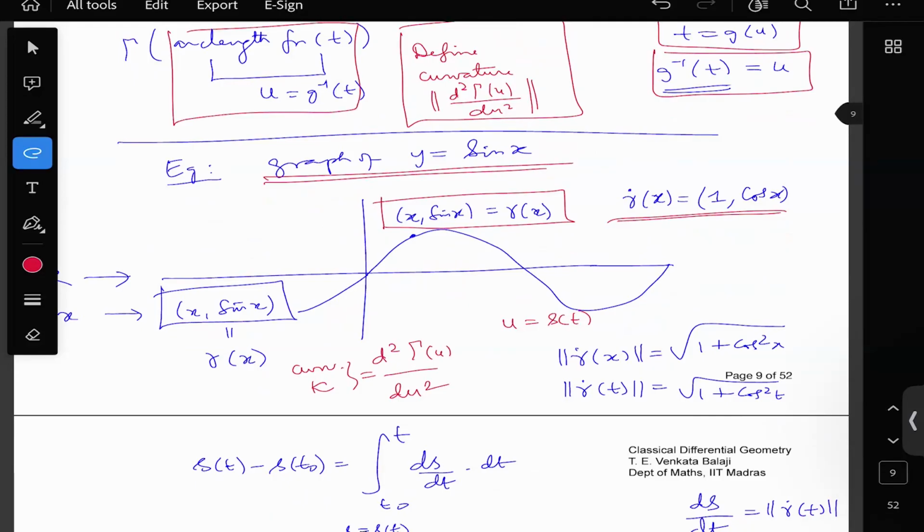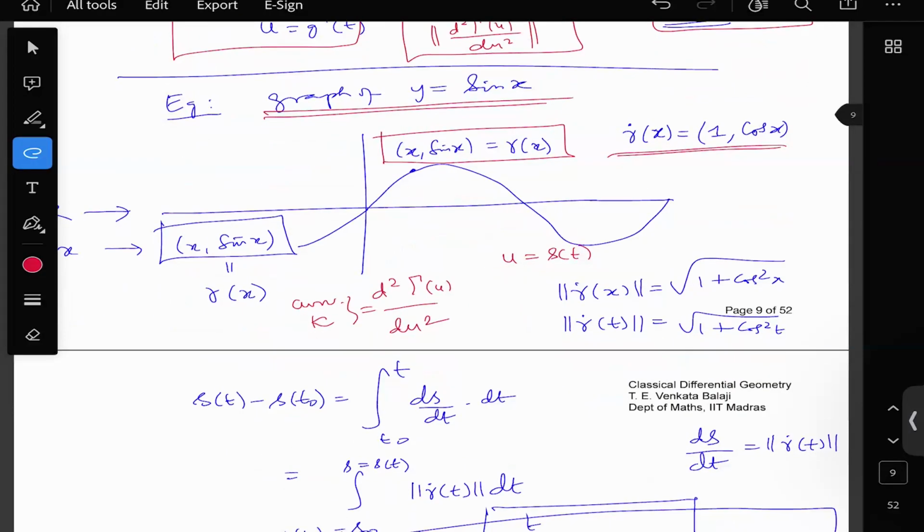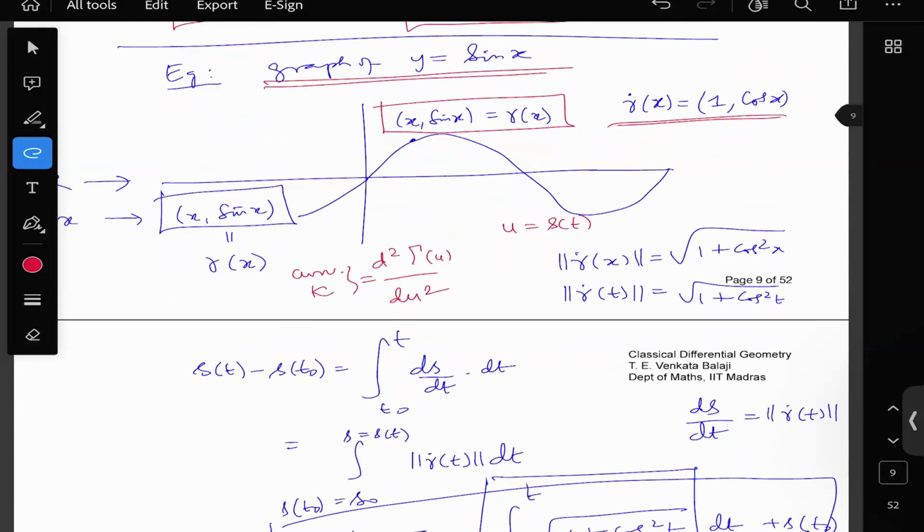So I have to find out the arc length function. There is this relation that ds by dt, which is the speed, is the rate of change of arc length with respect to t. The speed is the magnitude of the velocity, so this has to be equal to norm gamma dot.